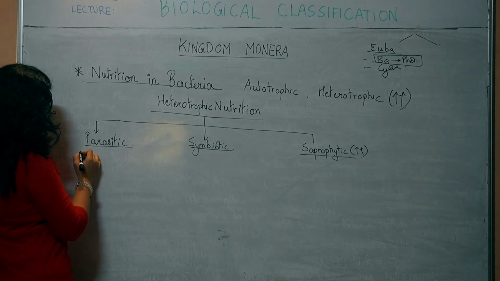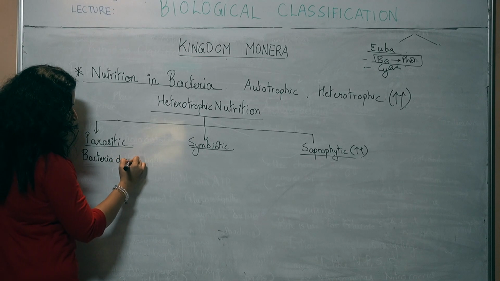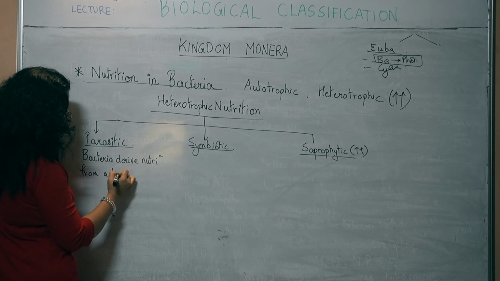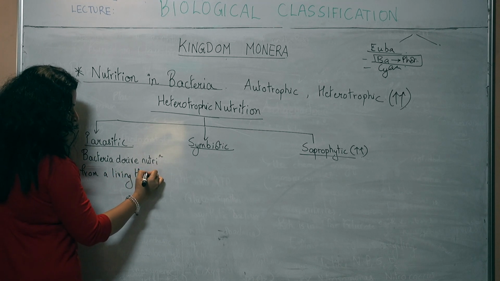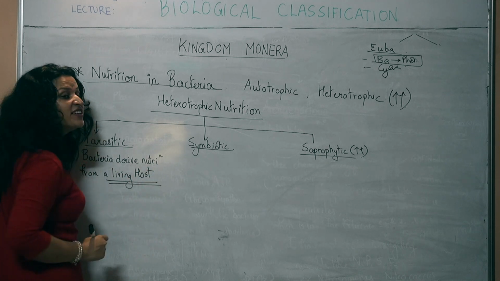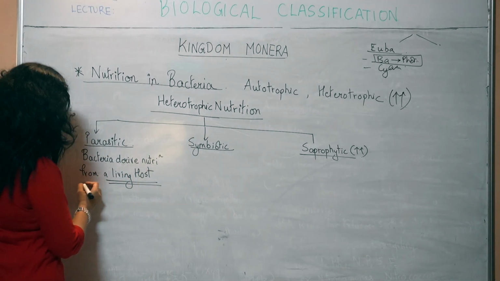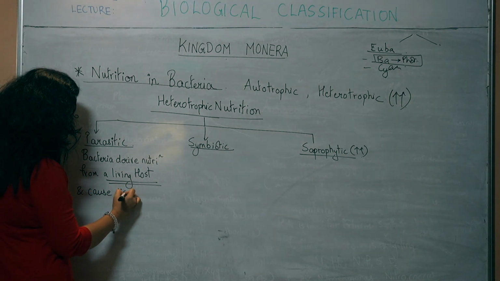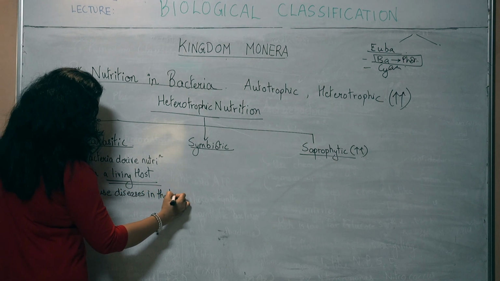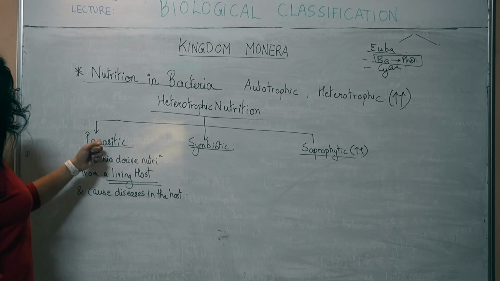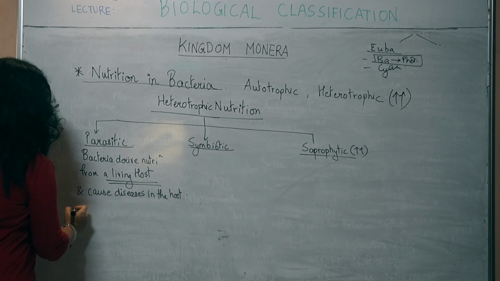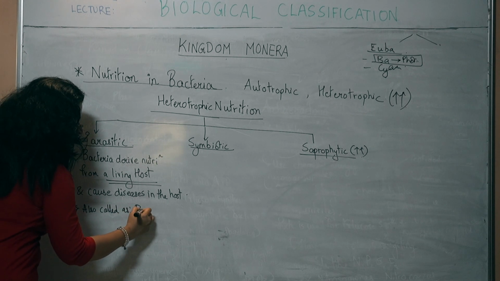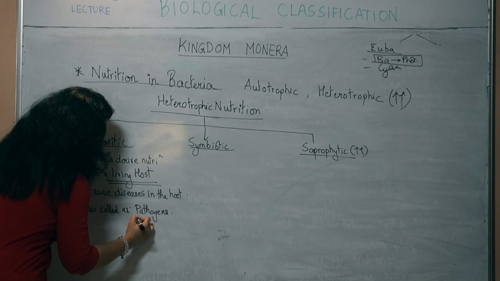Let's write down over here. Bacteria derive nutrition from a living host, not dead, and cause diseases in the host. These type of parasitic bacteria are also called pathogens or bacterial pathogens.